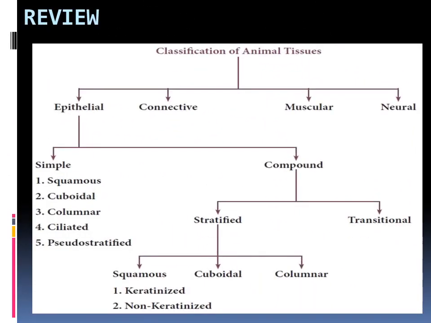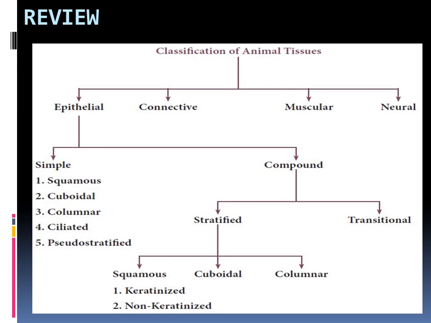So far we have completed the classification of animal tissue, and animal tissue is classified as 4 types: epithelial tissue, connective tissue, muscular tissue as well as neural tissue. In that, epithelial tissue is again classified as simple epithelial tissue as well as compound epithelial tissue.